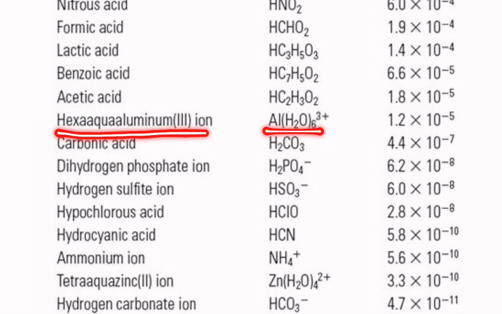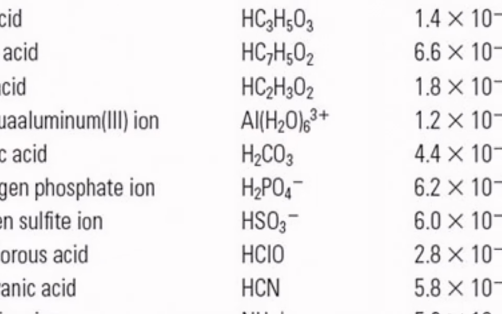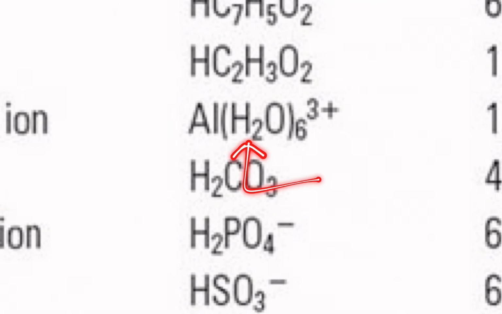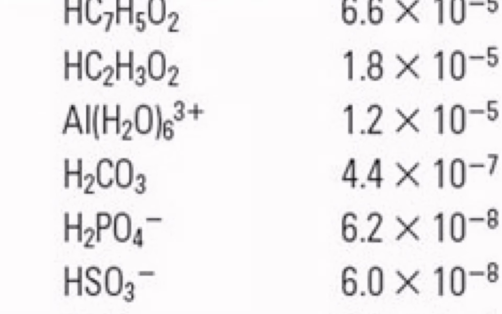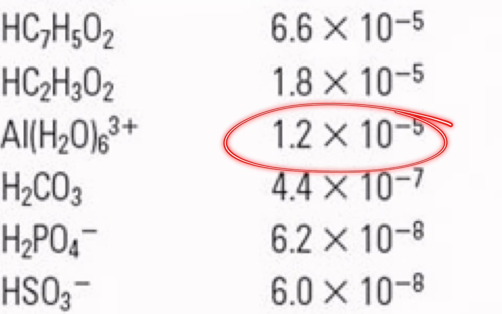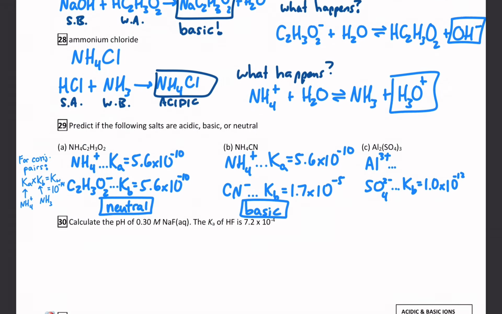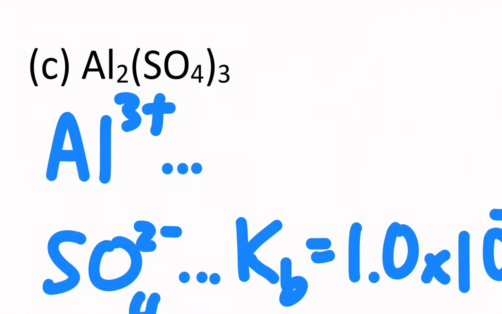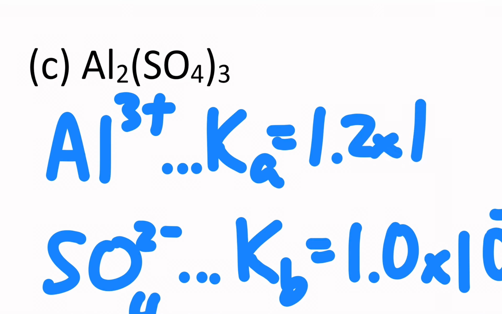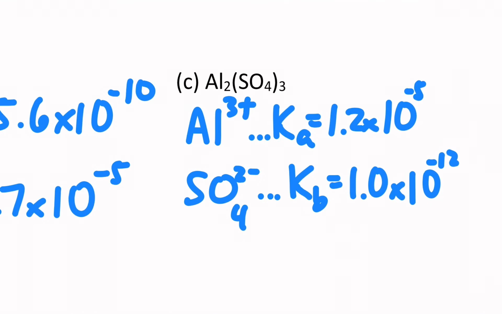That's just an aluminum cation surrounded by water molecules, and it's actually the water molecules that are the source of H+, but it still has a K value. It's 1.2 times 10 to the negative 5. So the Ka of aluminum is 1.2 times 10 to the negative 5, much bigger than the Kb of sulfate, so this is acidic.